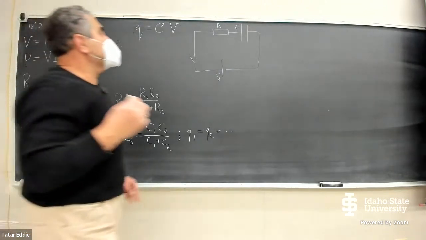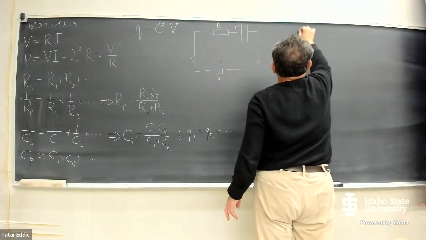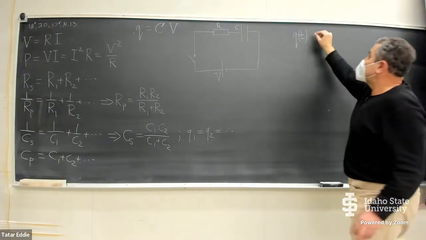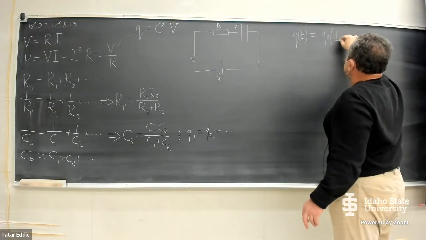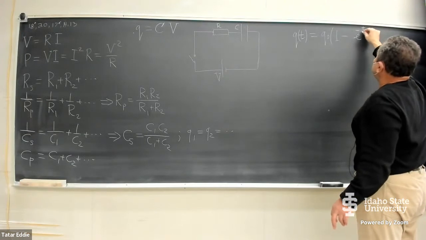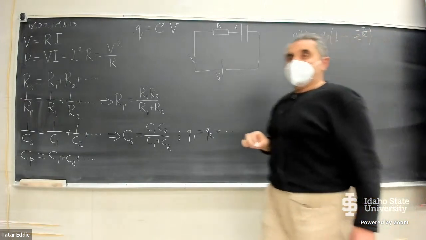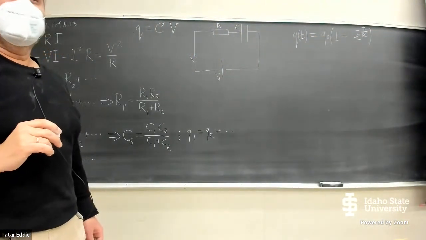The formula describing the charge on the plates of this capacitor as a function of time looks like this: Q naught times 1 minus e to the power negative t divided by the product of the resistance times the capacitance.